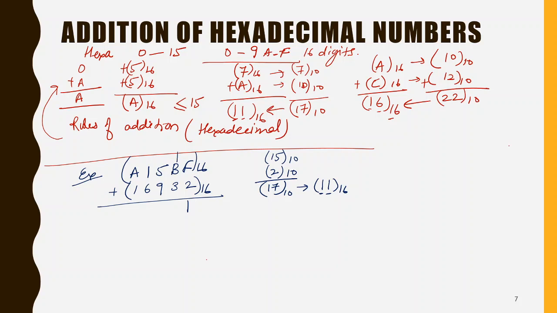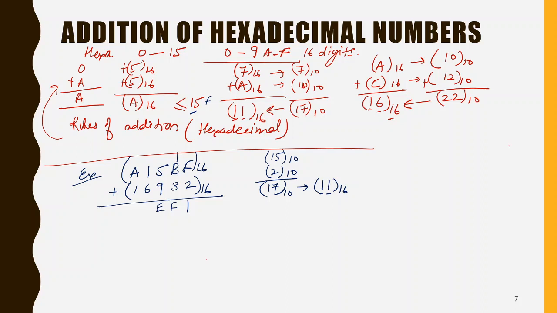Now B is 11 and 3, 11 and 3 is 14 and plus 1 is 15. 15 is directly F, that you can write directly because the result is less than or equal to 15, or F. Fine, so 9 plus 5 is 14. 14 is simply E.